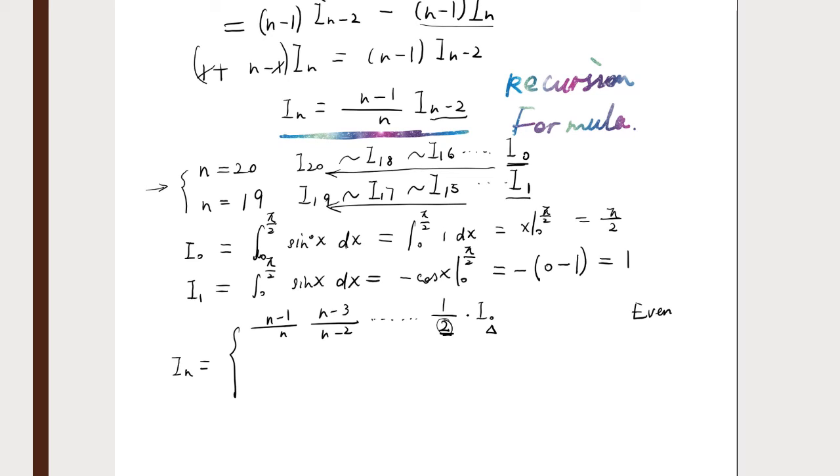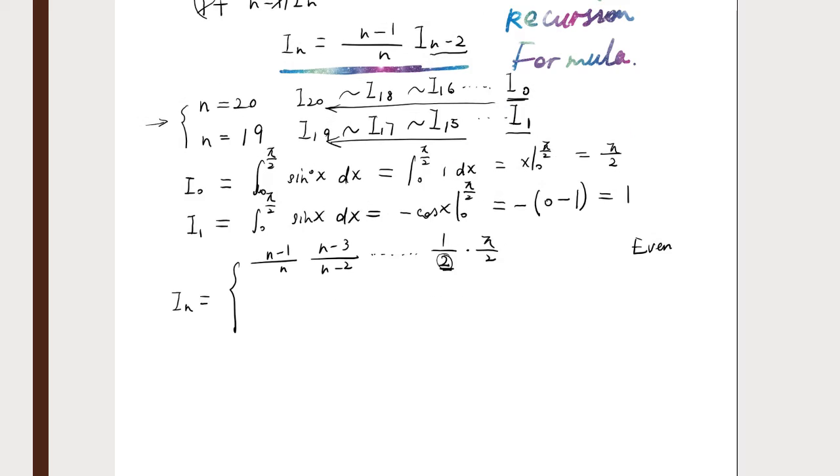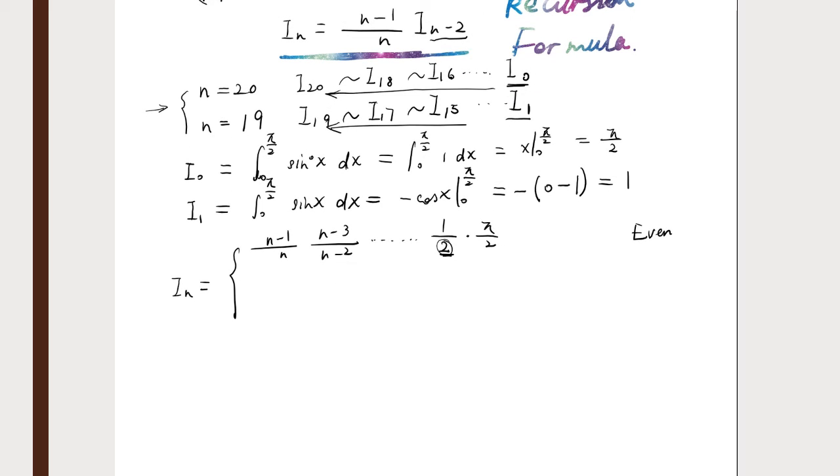Now we understand that I0 is nothing but pi over 2. So you just do this multiplication many times, and finally you multiply the pi over 2 at the very end. You're going to find the integration for In.